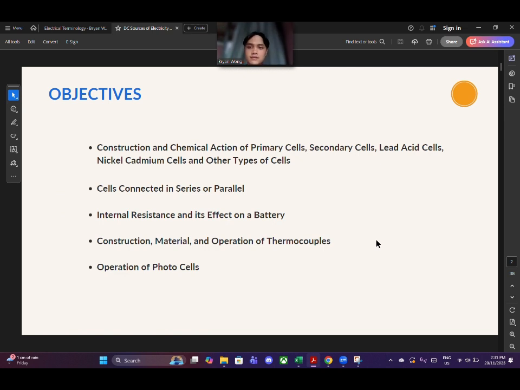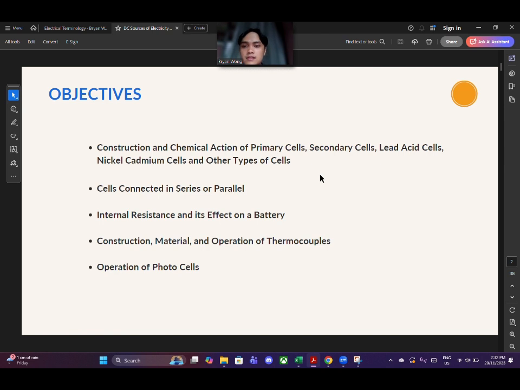The main objectives of this chapter are as follows. Let me read out the objectives. The first one is that we'll be able to understand the construction and chemical action of primary cells, secondary cells, lead acid cells, and nickel cadmium cells, and other types of cells.